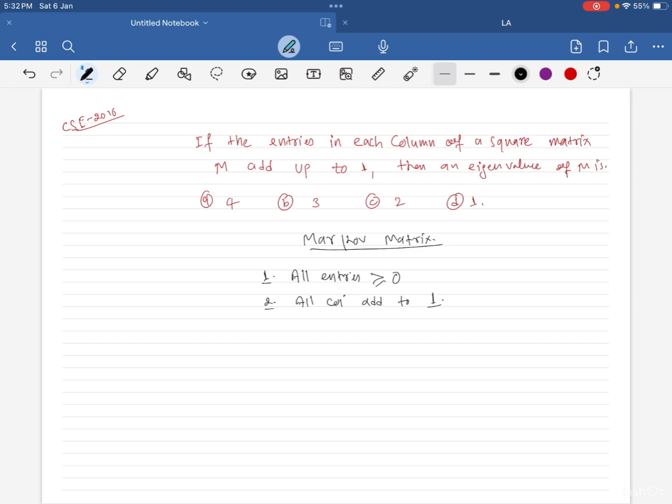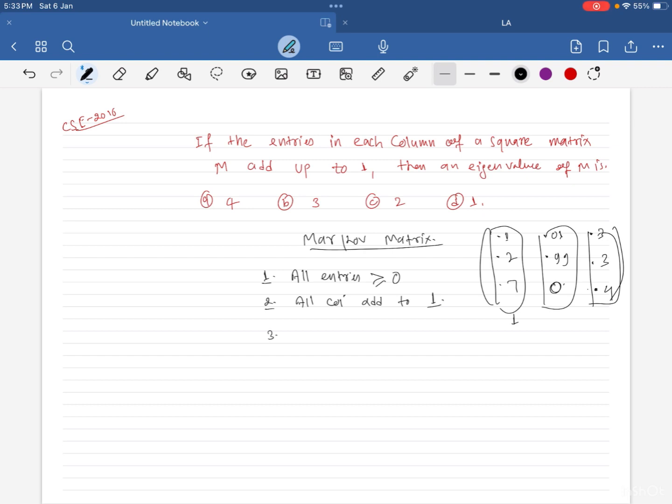Let me give you an example: 0.1, 0.2 and 0.7, and 0.01, 0.99, and this one is 0, 0.3, 0.3 and 0.4. So decimals are there. This is an example of a Markov matrix. If you add up a column, it will be 1.